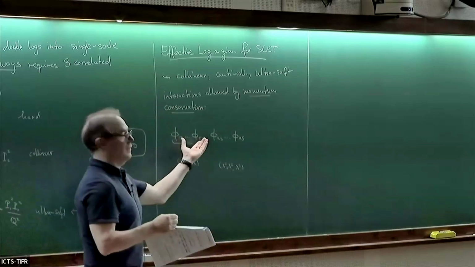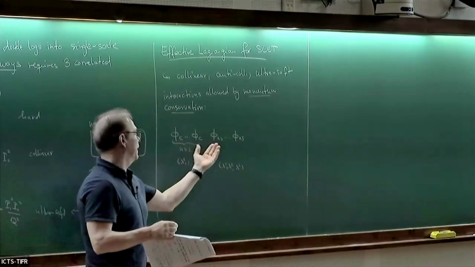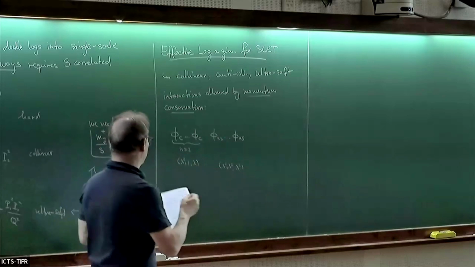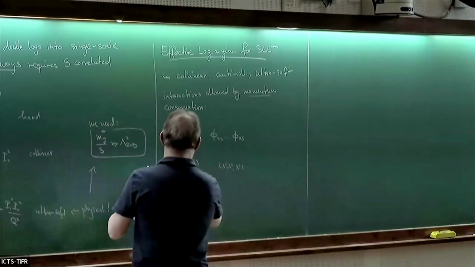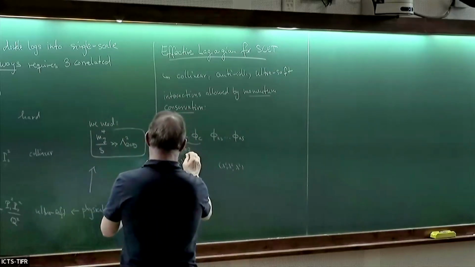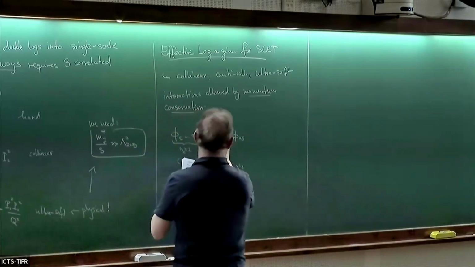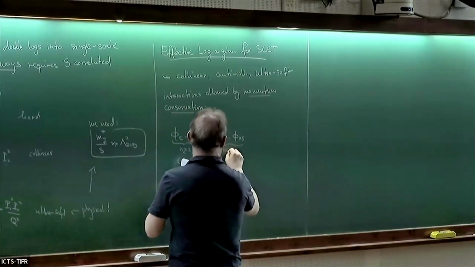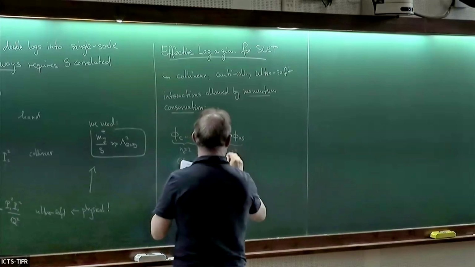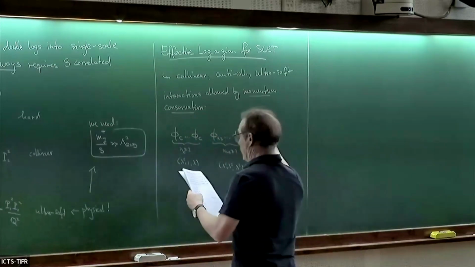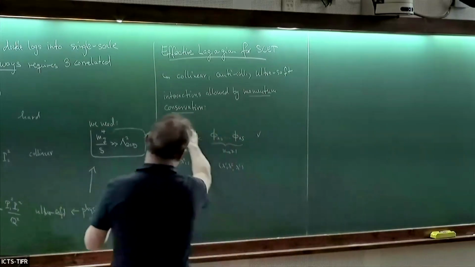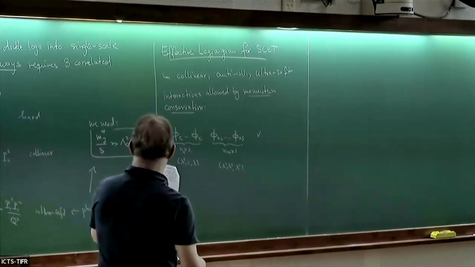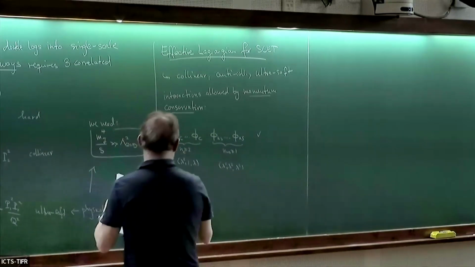Then I can cancel the collinear momentum in that sum, and then I can add the sum of ultra-soft momenta. So I can have at least 2 collinear fields and an arbitrary number of ultra-soft fields, 1 or more, that's okay. And I can have the same thing in the anti-collinear sector. I'm not going to write it down.